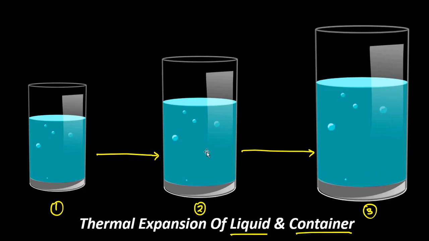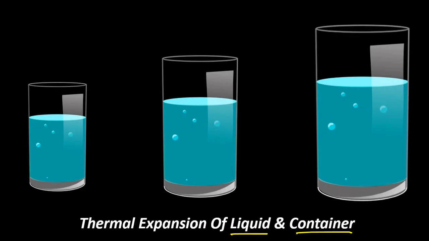So this is the interesting thing about thermal expansion of liquids. Both the container and the liquid inside it, they are undergoing thermal expansion. The container and the liquid. Okay, both.